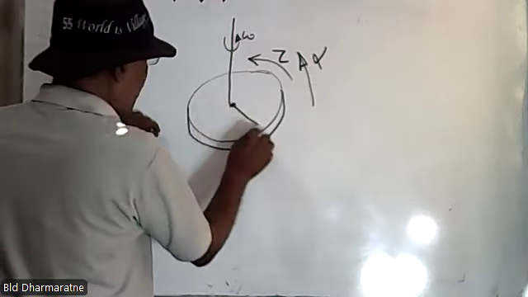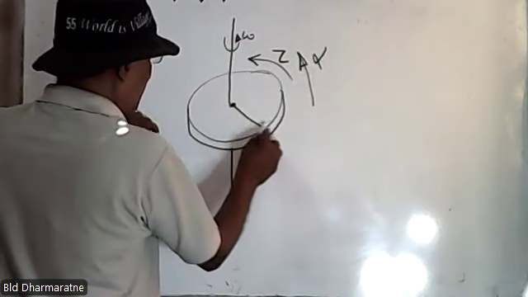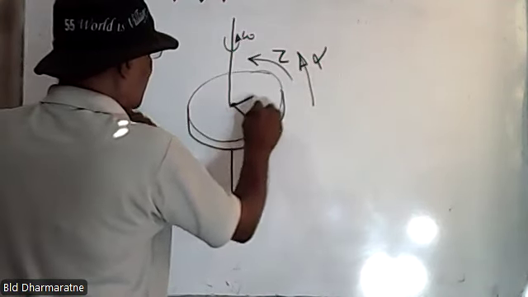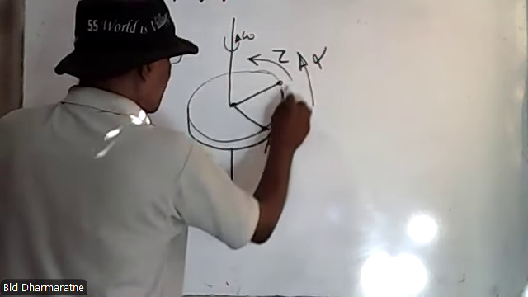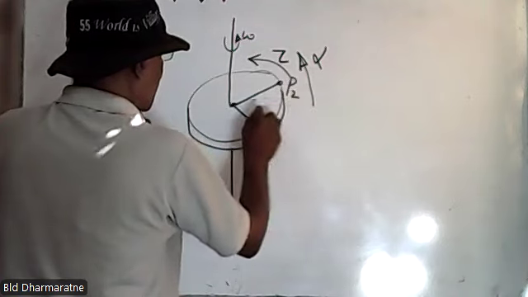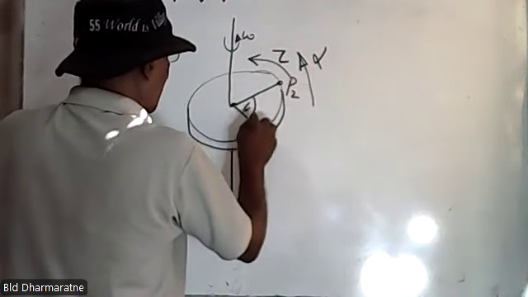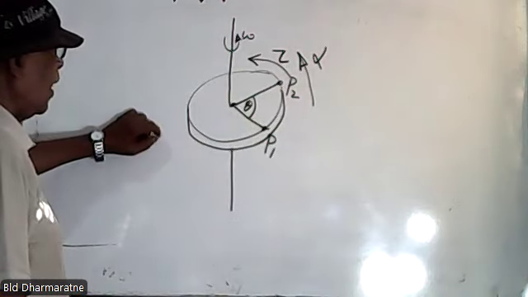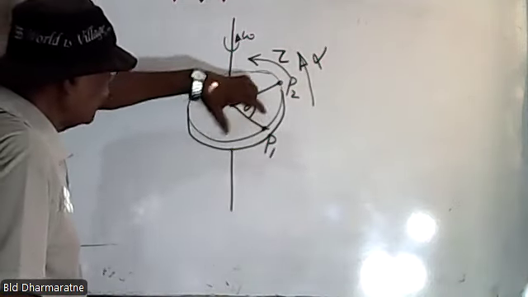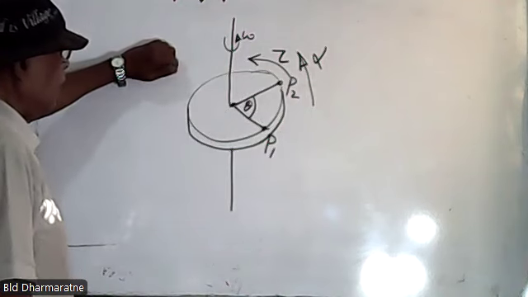This is the initial point. After time t, it moves from P1 to P3, displaced by an angle theta. Theta is the angular displacement.